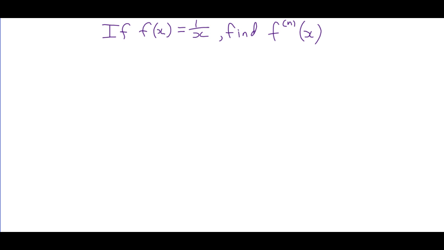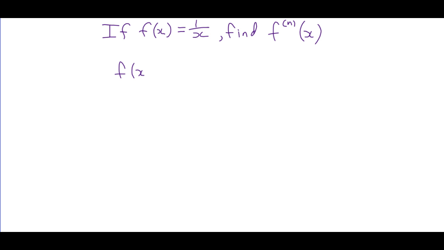Well, it means we've got to come up with some kind of general term, right? And if we're going to do that, then we should start off by looking at the first few terms of this. What's f prime, what's f double prime, what's f triple prime, and so on until we get to 4.